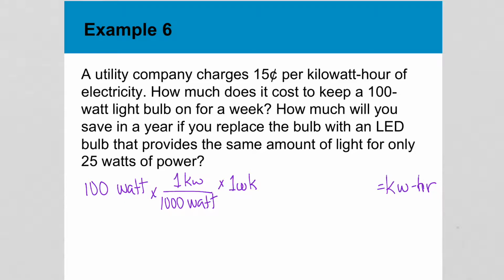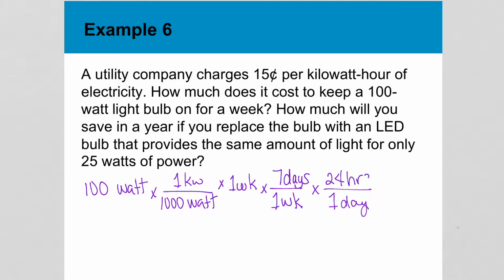Okay. So multiply by 1 week. And we need to change 1 week to hours. So we know that in 1 week, there are 7 days. In 1 day, there are 24 hours.